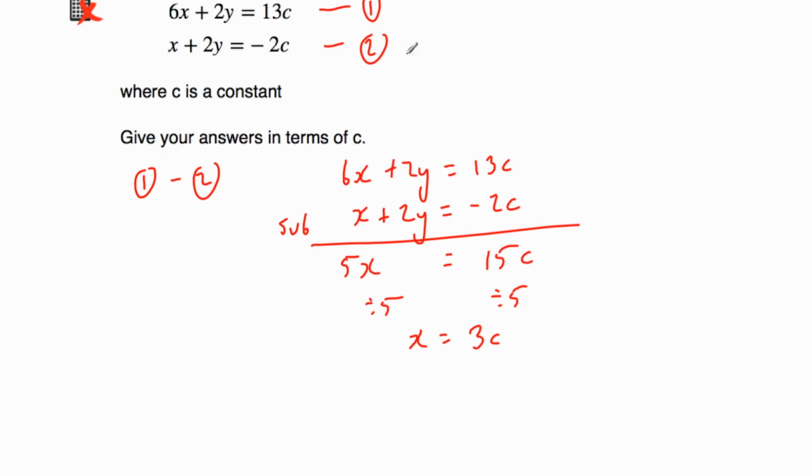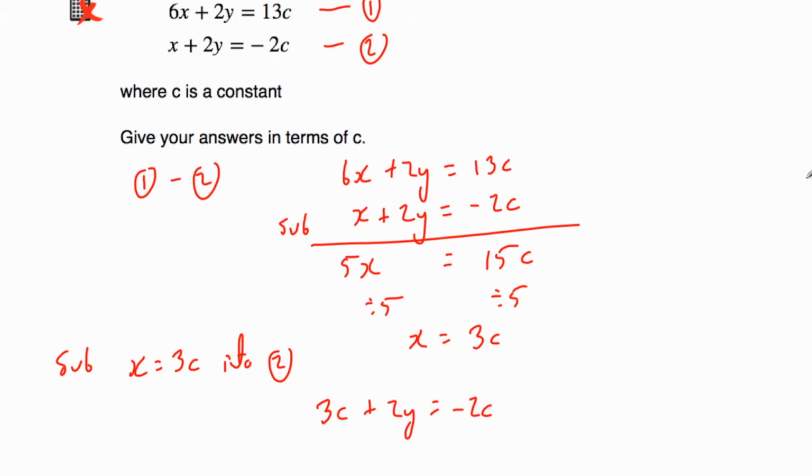I'm actually going to use the second equation here because we've got x plus 2y, so if we replace the x with 3c, it would just make it a bit easier. So let's sub x equals 3c into equation number 2, and we have 3c plus 2y is equal to negative 2c.